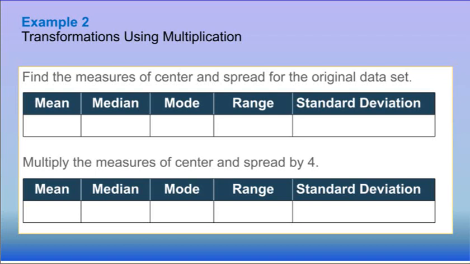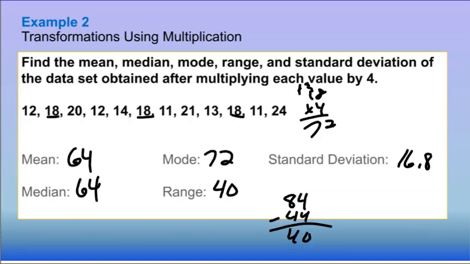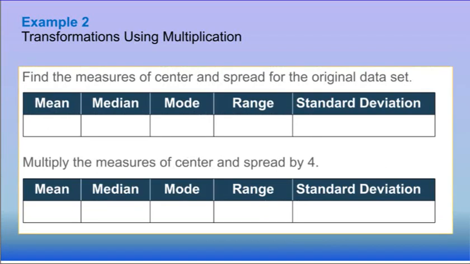So here, if you put it in a table, we already found the spread by 4. And if we did the original for this data set, let me look back at the data set, so 12.